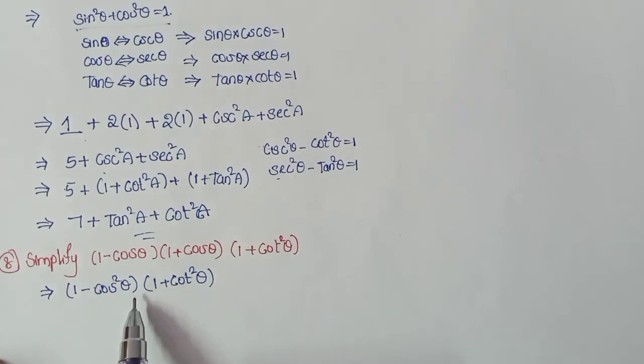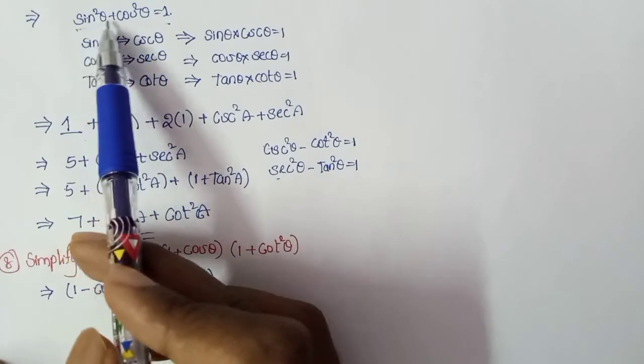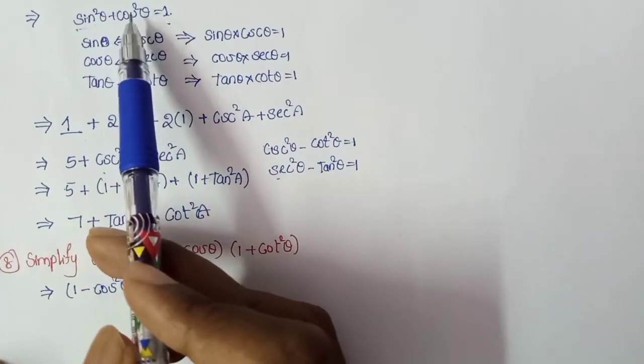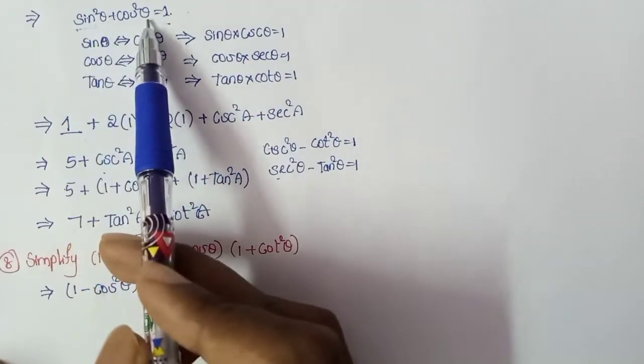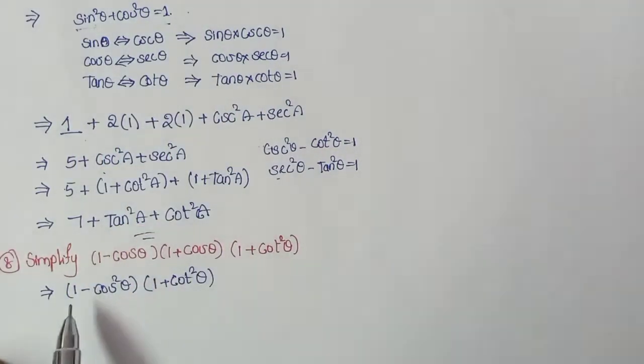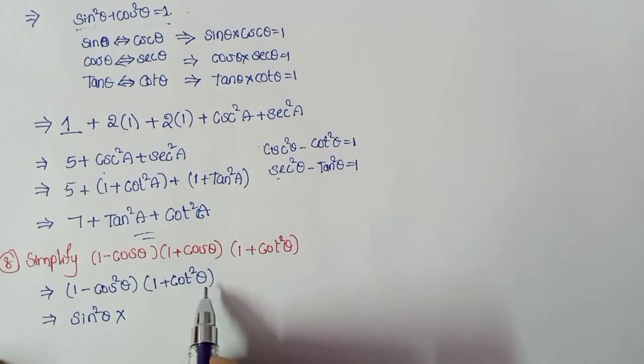We know 1 minus cos square theta is sin square theta. So sin square theta into 1 plus cot square theta.